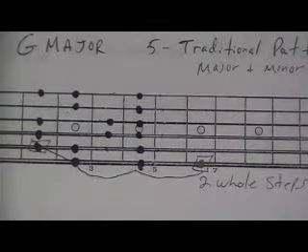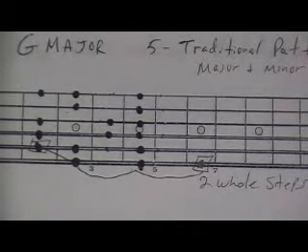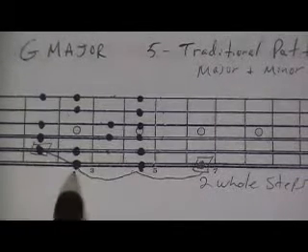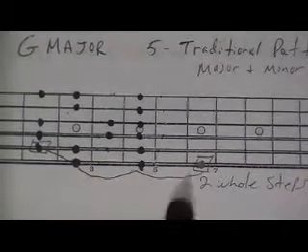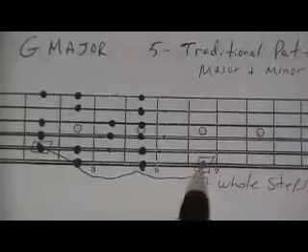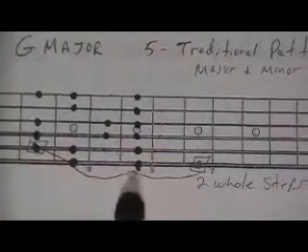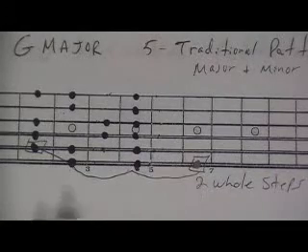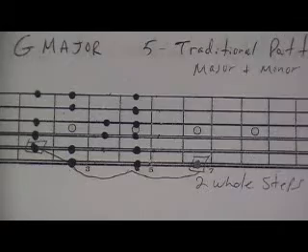For example, here in pattern number 1, the G major, the Ionian mode, the third note happens to be B. 1, 2, 3. Now this is also B. If you go 2 whole steps, it's just for the sense of playing the shape, it's over here rather than doing the stretch. But it's the same note. So if you have 2 whole steps together, that's what makes that scale pattern major.